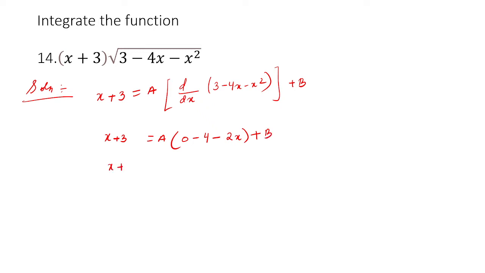So x plus 3, you multiply them: a into 0 is going to be 0, so I just leave it as it is. A into minus 4 is going to be minus 4a, and minus 2x into a is going to be minus 2ax, plus the b. Now we have to equate the coefficients of x and the constant term on both sides.